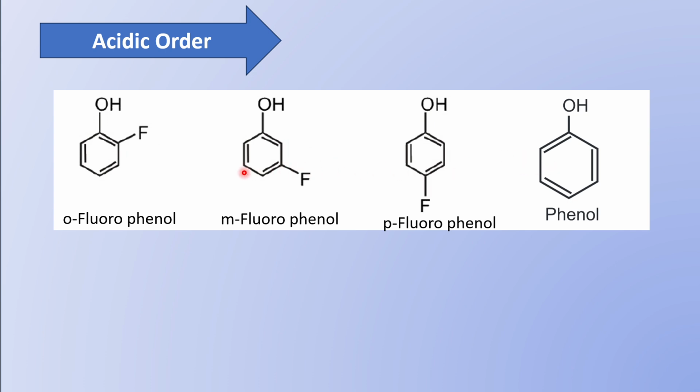That governing factor is the inductive effect. There are other effects as well, mesomeric and hyperconjugation, but when it comes to halogens, the inductive effect is the most dominant among them. So for this demo topic, we are going to only talk about the inductive effect. Let me brief you about what exactly it is.